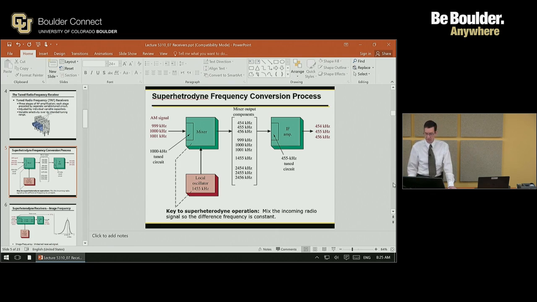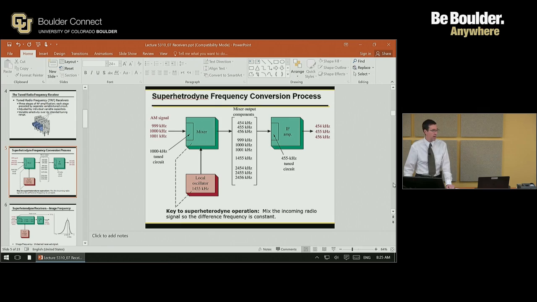That dashed line means that both the mixer and the local oscillator are being varied at the same time. Up in the mixer, it's tuning to that specific frequency, and the oscillator down below is being adjusted up and down so that when I take the sum and difference frequencies of the input frequency, it comes out to be 455 kilohertz.